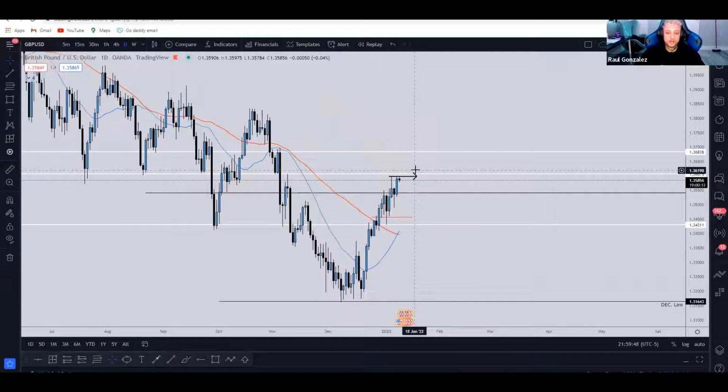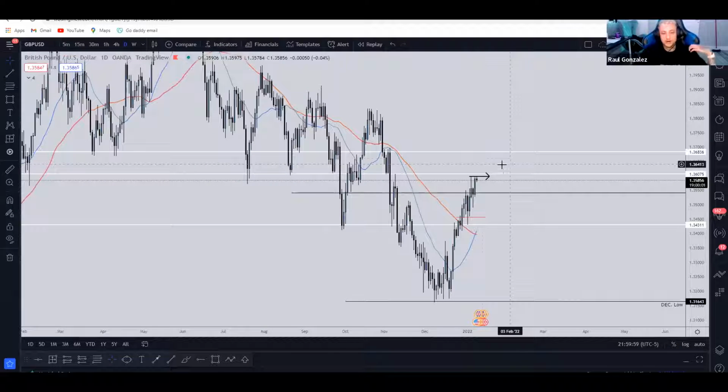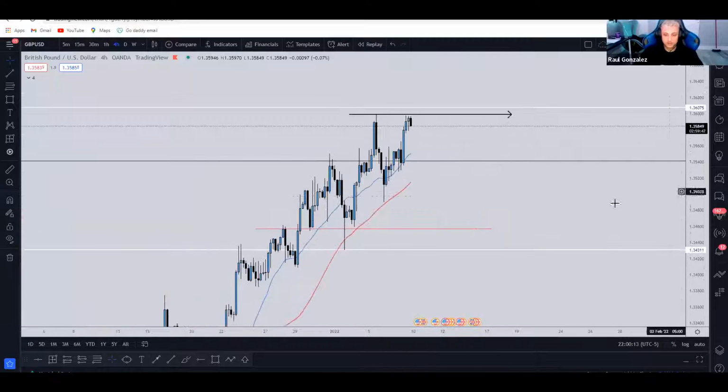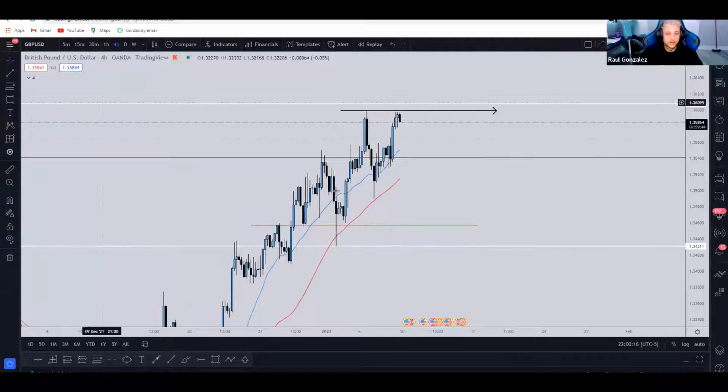Now, if it were to break above support, probably break above this 1.3660 level, then it could go up to 1.37. So it just depends. If it breaks above the highs, it's going to keep going higher. If it doesn't break, if this double top plays out, then we're going to trade lower. And in terms of looking for longer term sells, I would want to see what happens with this previous structure level here on this 4 hour time frame.